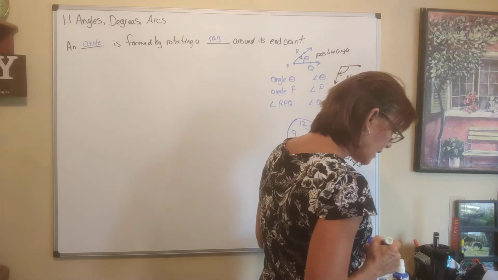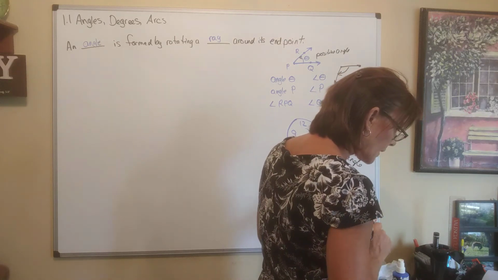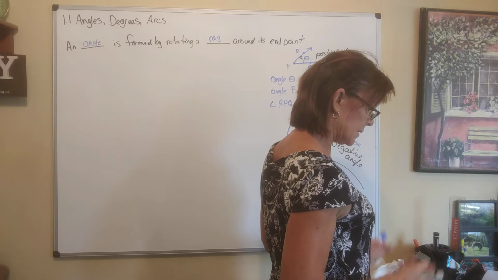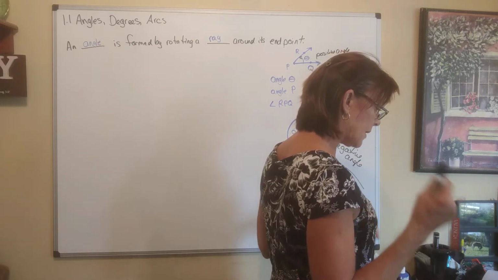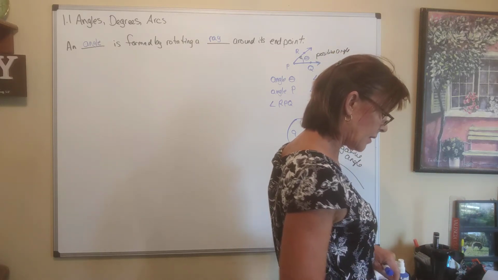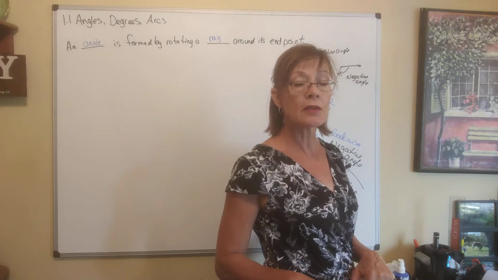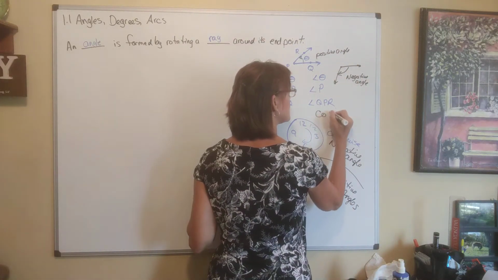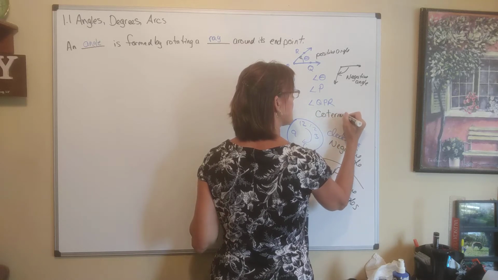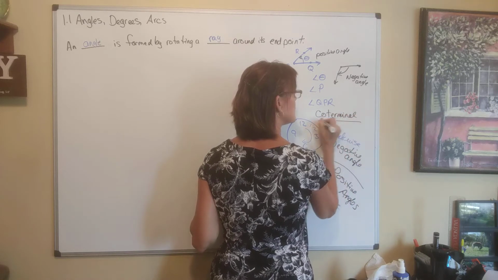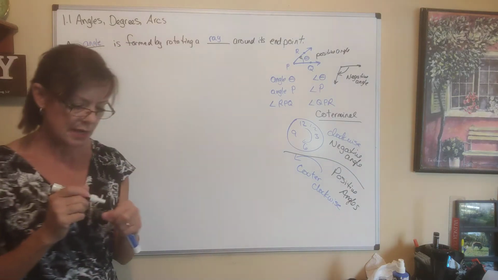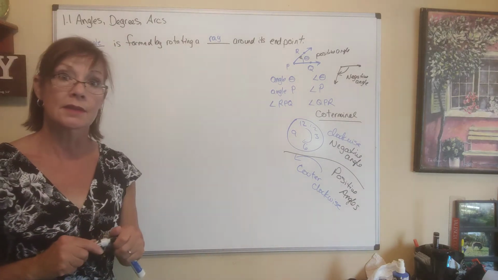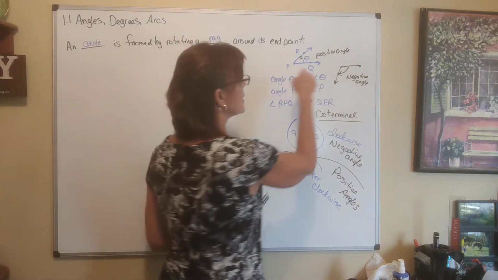Okay, so then the next thing on your sheet says angles that have the same initial point and terminal side are called coterminal angles. Coterminal is what goes in that blank. I'm going to be drawing some. I just want you to fill in that space. We will be discussing that.